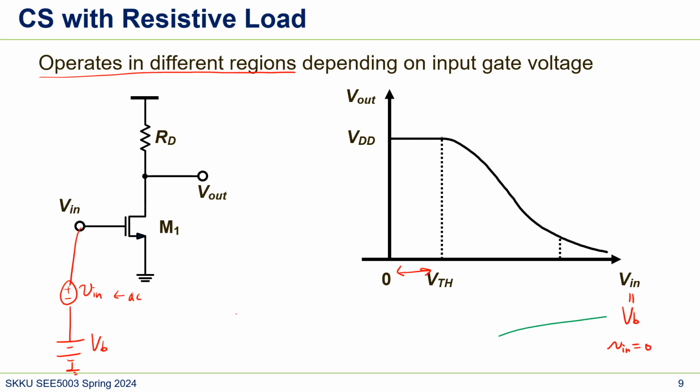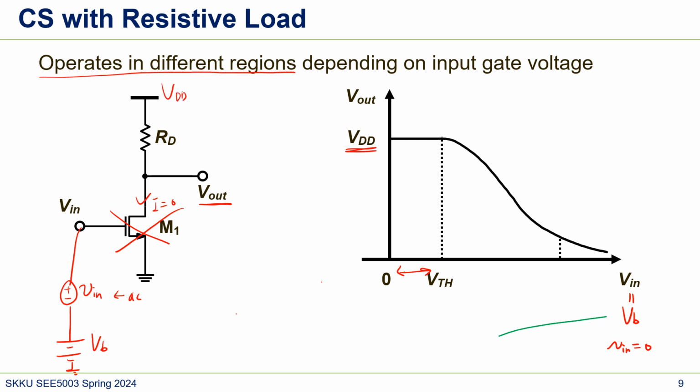If the DC voltage of V in is too low, let's say just 0 volts, is this transistor turned on? No, so this transistor turns off. There's no current, right? And if there's no current, this voltage will be just VDD. So that's why here it's VDD.